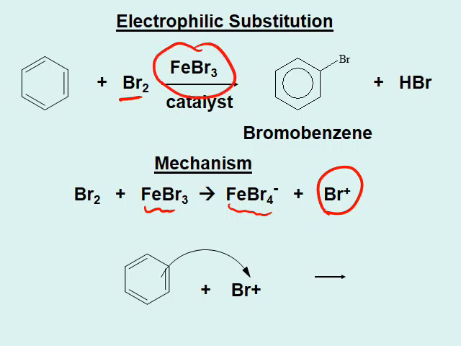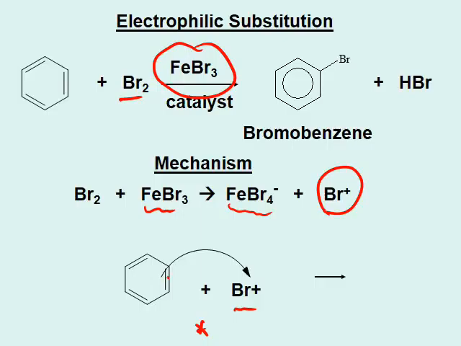So once you get Br plus, here you see the mechanism at the very bottom. Remember, I said that since Br plus is positive, it would show attraction for the electrons that the benzene ring has. So by drawing this arrow, the black arrow, you are showing that attraction.